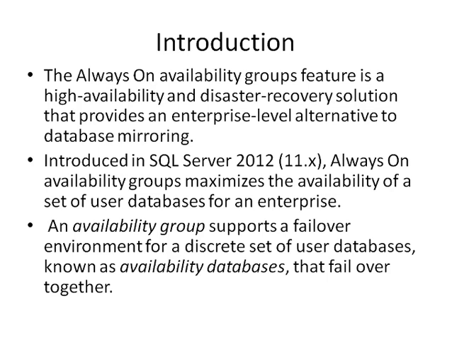But in this case, we will be creating a set of databases, and all those databases would be failing over to the other node together, right? So those groups of databases are called availability databases.